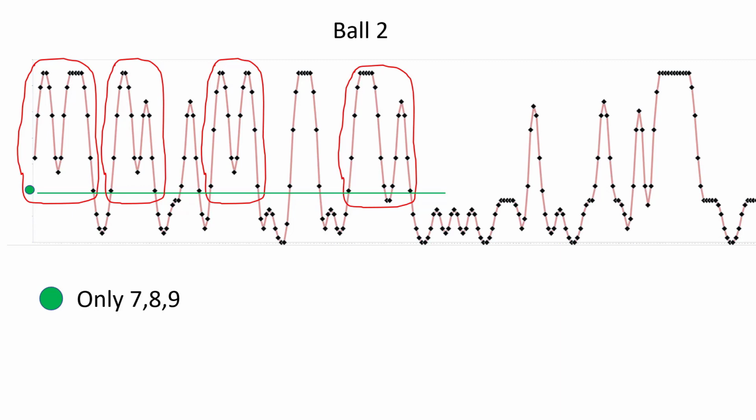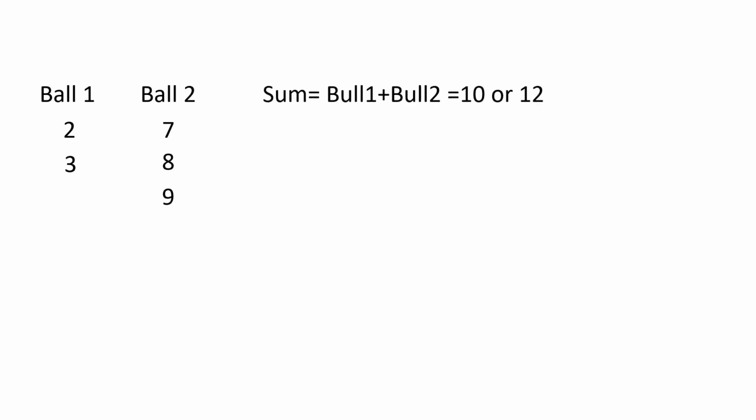By the way, our last algorithm we also ran for the graph of the preliminary sums. For example, if we know the possible first ball, 2, 3, and the possible second ball, 7, 8, 9, we can plot the graph of the sum of the first 2 balls.